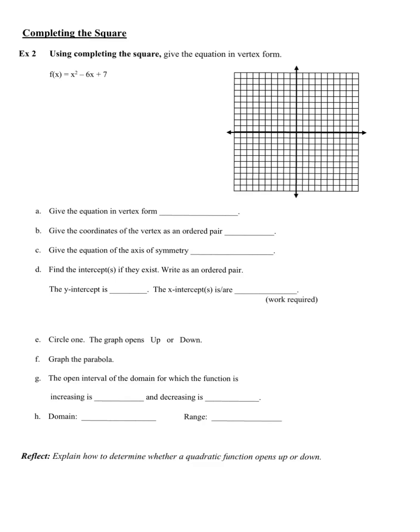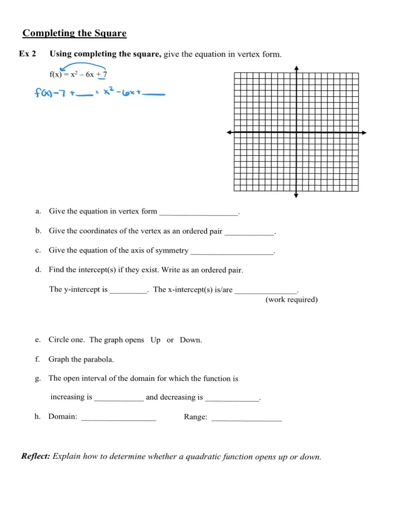Okay, using completing the square, give the equation in vertex form. So to convert a standard form quadratic equation to vertex form, we're going to complete the square. The first step is we're going to take this constant and move it over. So f of x minus 7 plus blank equals x squared minus 6x plus blank.